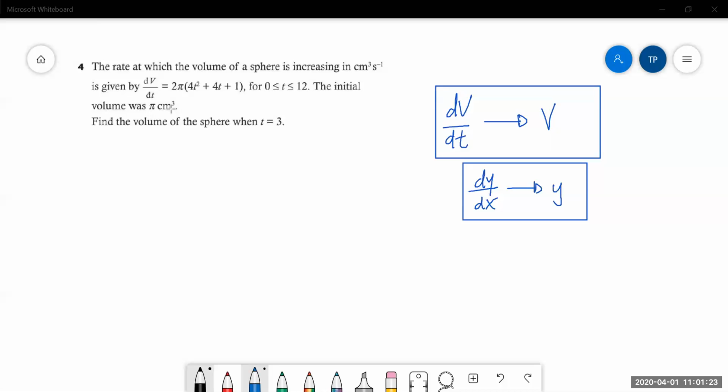The reason why they told you this was to give you the initial conditions, which means, when t equals 0, V is equal to pi. That's what they're trying to say.